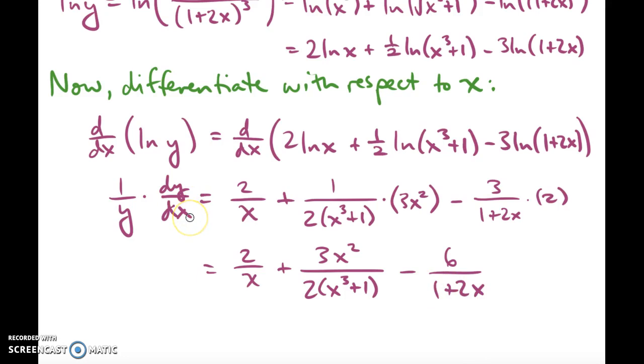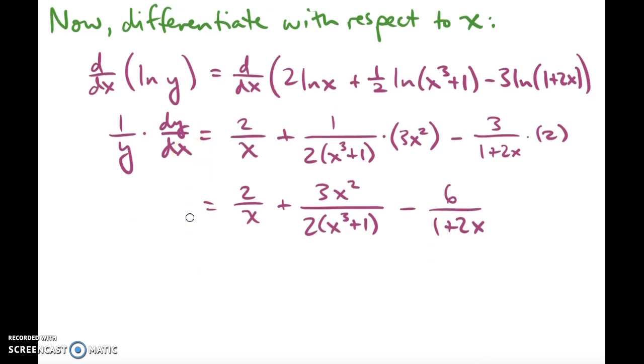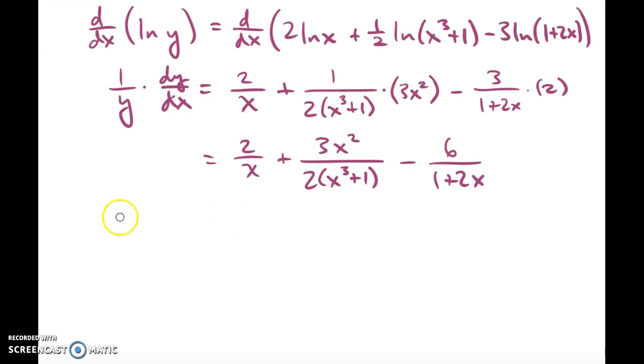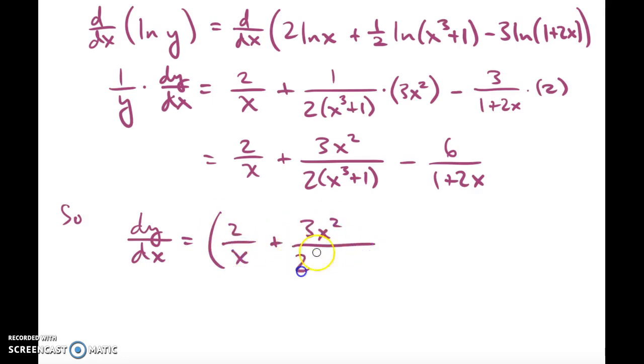Now we want dy dx on its own. So dy dx equals 2 over x plus 3x squared over 2 times x cubed plus 1 minus 6 over 1 plus 2x, all of that. Well, how do we get dy dx on its own? Multiply by y.